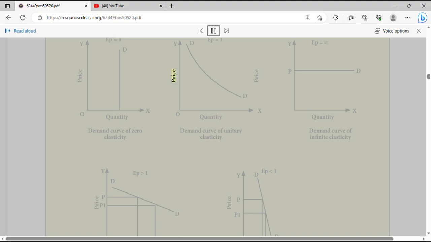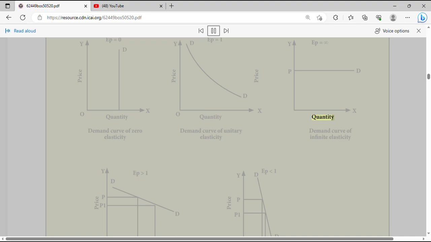Demand curve of unitary elasticity, Ep equals 1.